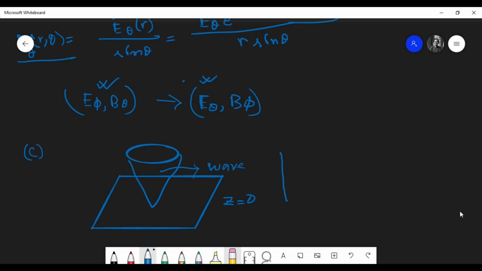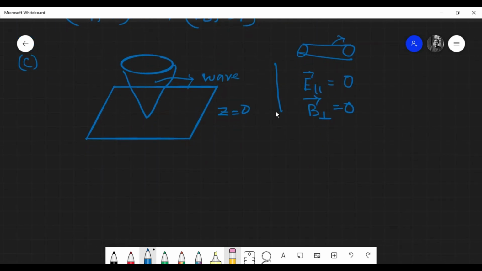Remember, whenever we have some guiding medium like a coaxial tube or anything made of perfectly conducting walls, we have this boundary condition which says that the tangential component of the electric field on the surface of the perfect conductor will be 0, and the normal component of the magnetic field will be 0.